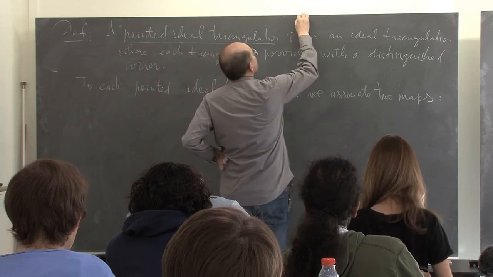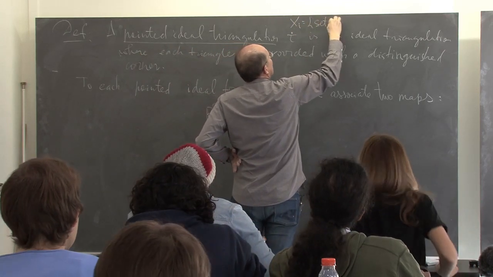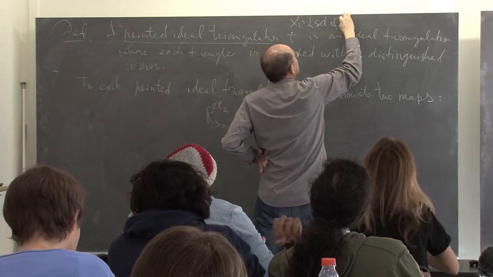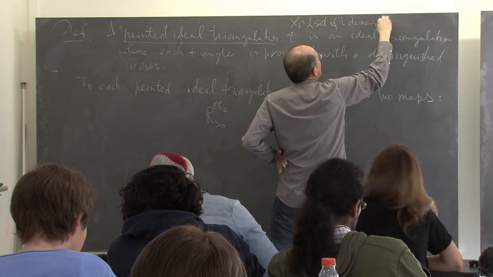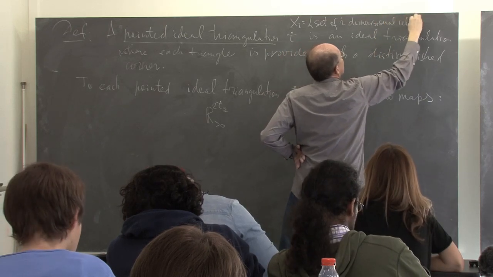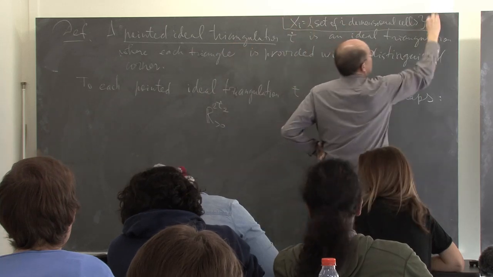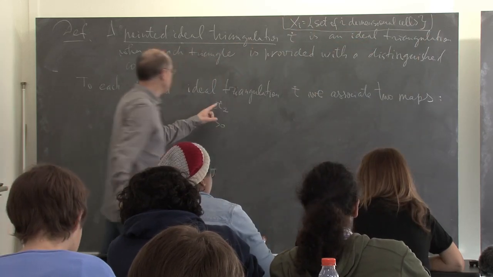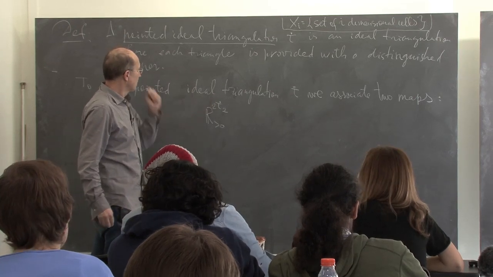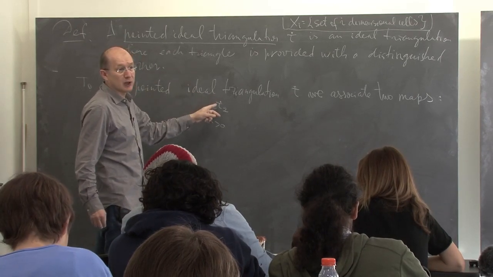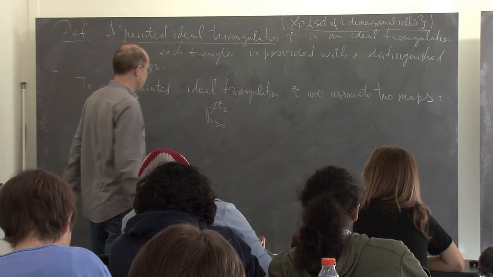Remember that Xi is a set of i-dimensional cells if X is a CW complex. So this means that we have a pointed ideal triangulation, and we associate a couple of positive numbers to each triangle.